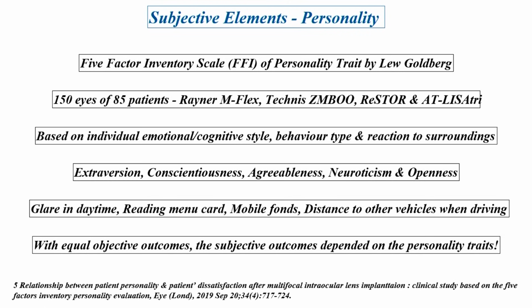The result found that though they all had 6/6 and N6 and all the IOLs performed well, people with neuroticism were very critical about their outcome. Many of them said, had I known this, I would not have gone for it, and many said that they will not recommend this for others.